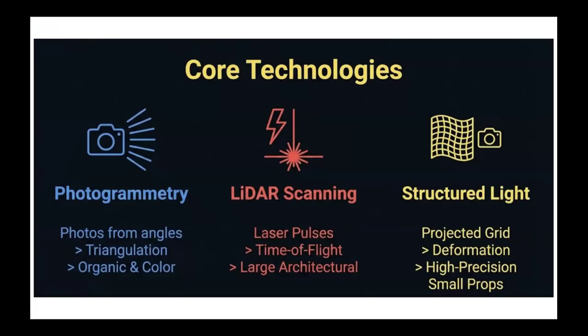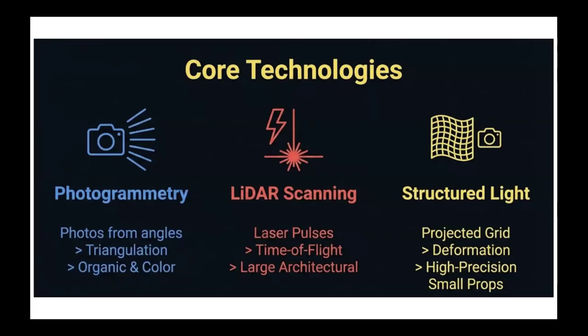These LiDAR scanners throw a laser, and depending on the time it takes for this laser to bounce off a surface, the LiDAR scanner knows the distance between it and the surface it's hitting. So that's a way of scanning too.